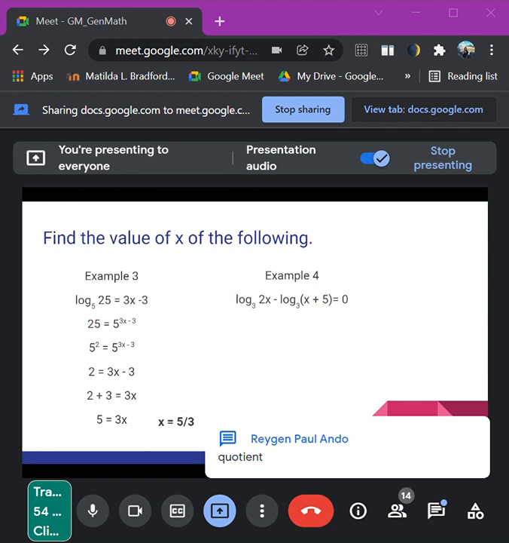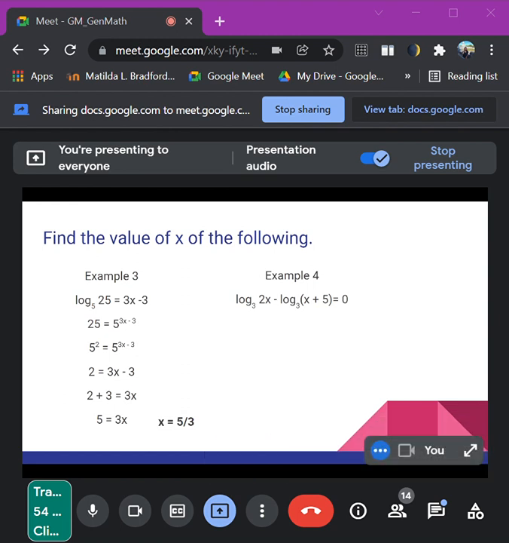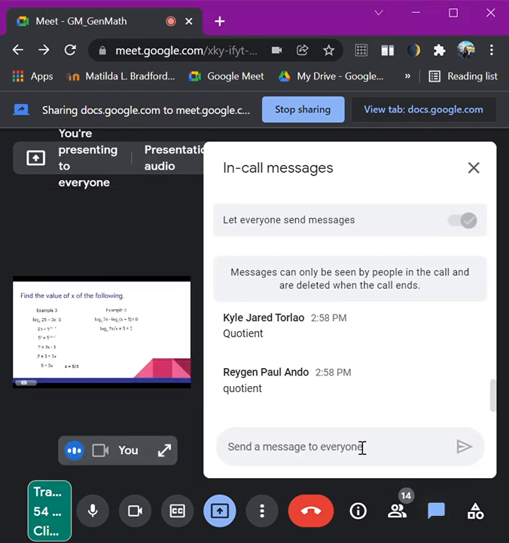Very good. So, what will happen to this one is, mahimo siya logarithmic of 2x over x plus 5 is equals to 0. Okay? So, same gihapon siya ganina class ha.